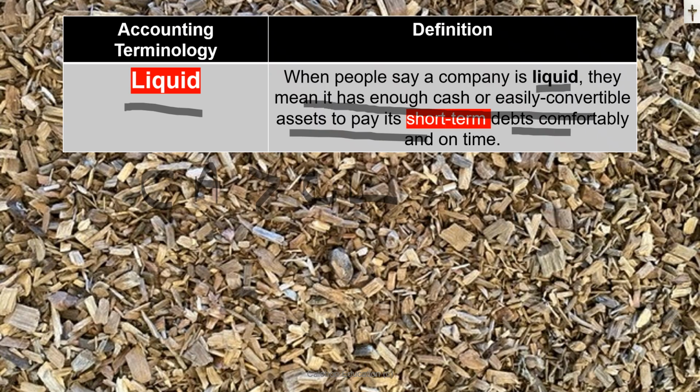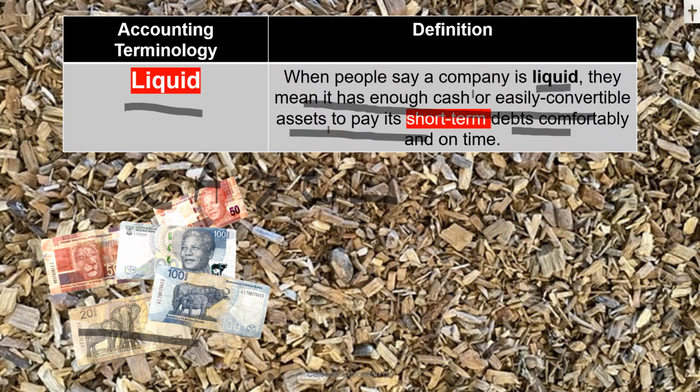They mean it has enough cash or easily convertible assets. The business is said to be liquid. So if you went into liquidation on a regular basis, the current liabilities would be greater than the current assets.